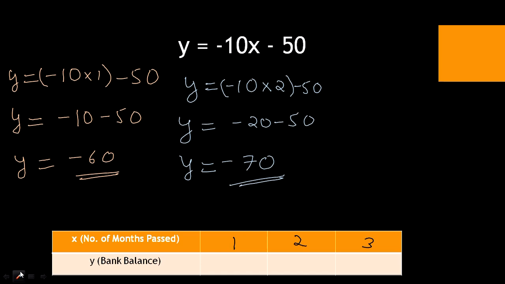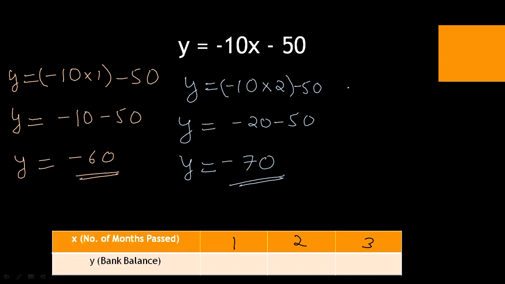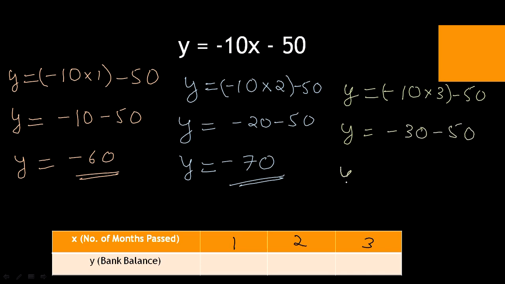So Raju's bank balance is minus 70 after 2 months have passed. Lastly, when 3 months have passed, the equation becomes minus 10 times 3 minus 50. So y equals minus 30 minus 50, y equals minus 80. So after 3 months have passed, his bank balance would be minus 80 rupees.